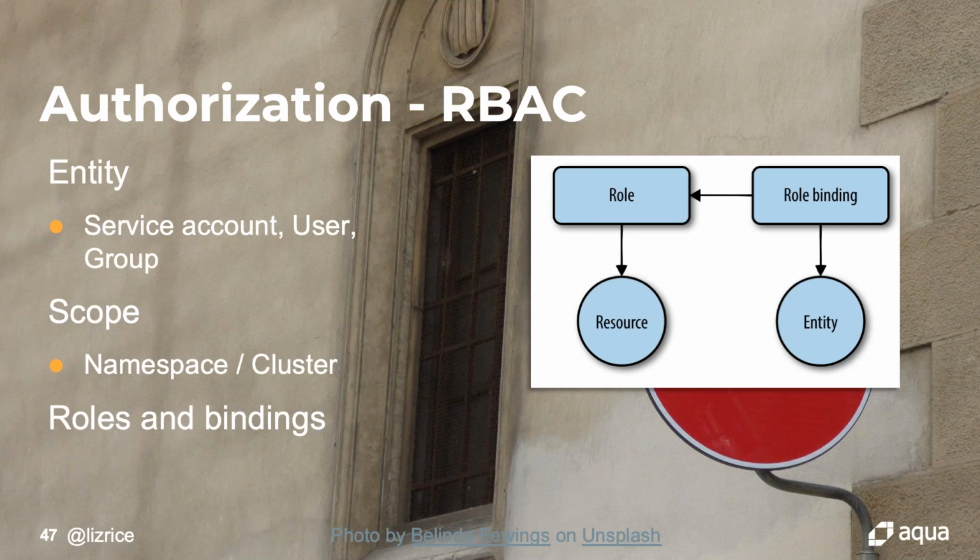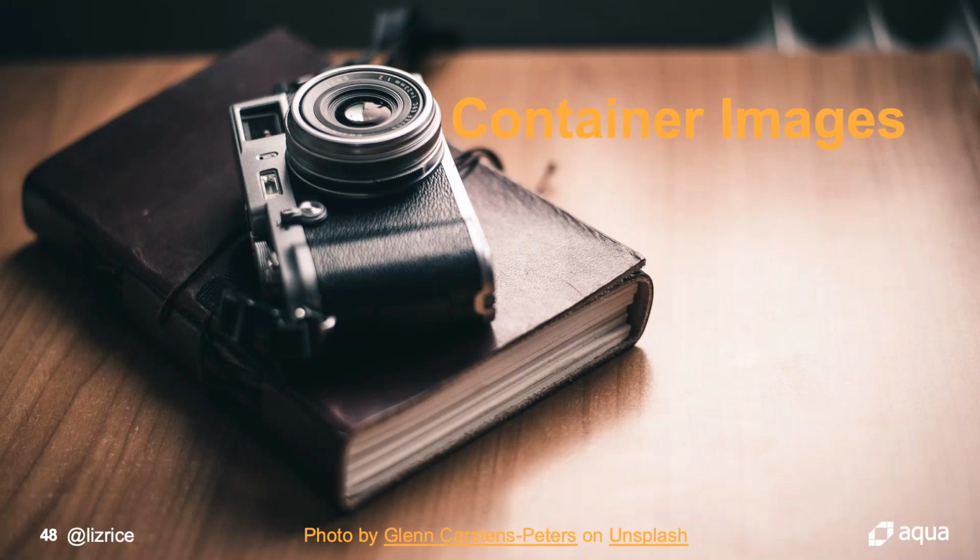So now I want to move away from thinking about the Kubernetes control plane and move on to thinking about best practices in terms of the application code that you're going to run in your Kubernetes cluster. You're going to be running containerized software, and there are lots of best practices and good guidance that you can follow in terms of how you build those container images.